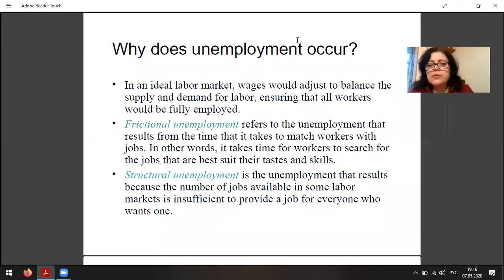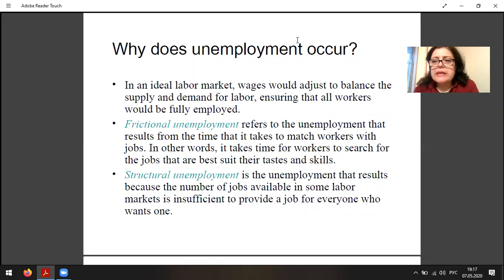Okay. The next question is, why does unemployment occur? Actually, in some ideal hypothetical labor market, in a normal labor market, wages and salaries would adjust to balance the supply and demand of labor, ensuring that all workers will be fully employed.